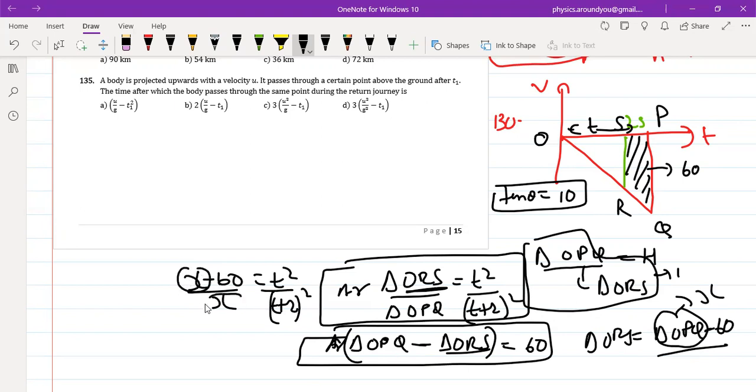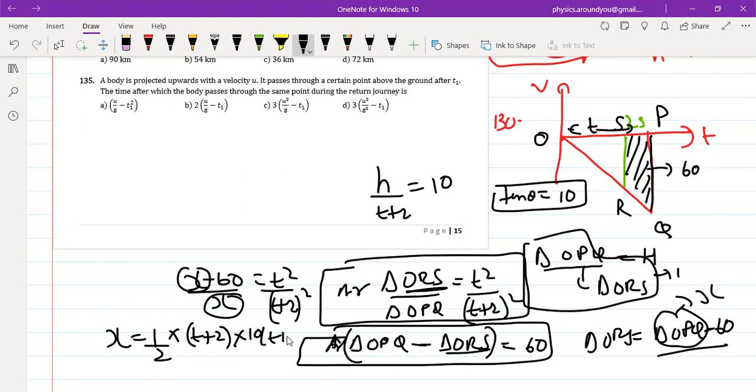What is area X? Area X is half into base into height of OPQ, half into t plus 2 as base, into height. But how will I find height? We know height by base is tan theta, 10. So h is 10 into t plus 2. So this is the area.